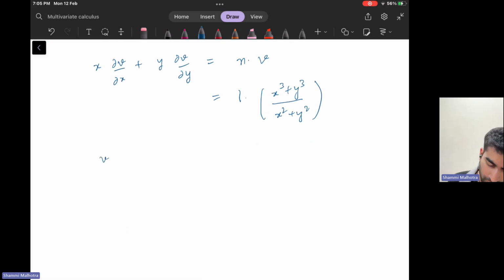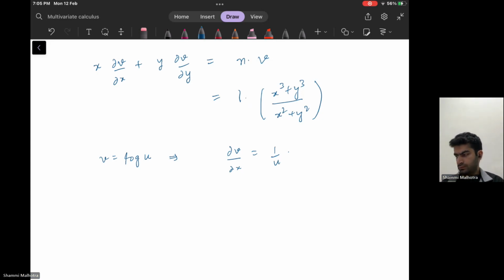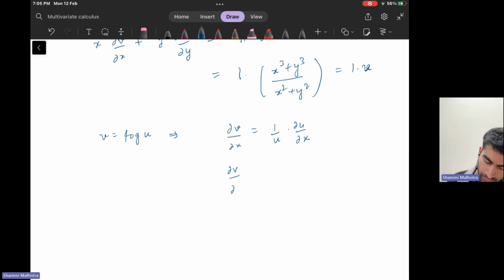But we know that v is related to u by the logarithm. So from this, we get that del v by del x is 1 by u times del u by del x, and del v by del y is nothing but 1 by u times del u by del y.